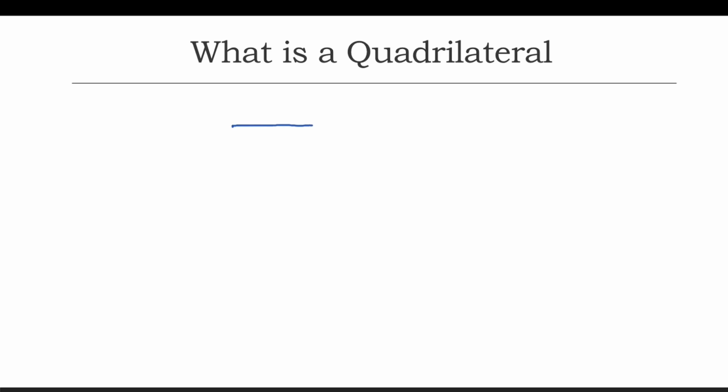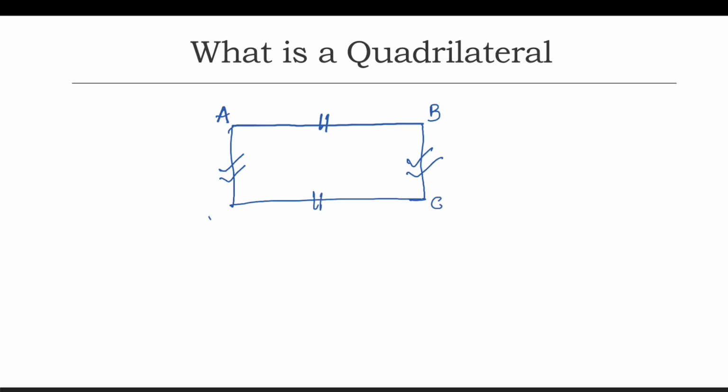For example, these two sides are parallel, right? So this side is parallel to this side. This side is parallel to this side. So this is a parallelogram. But in addition to the sides being parallel, the angle also is 90 degrees.